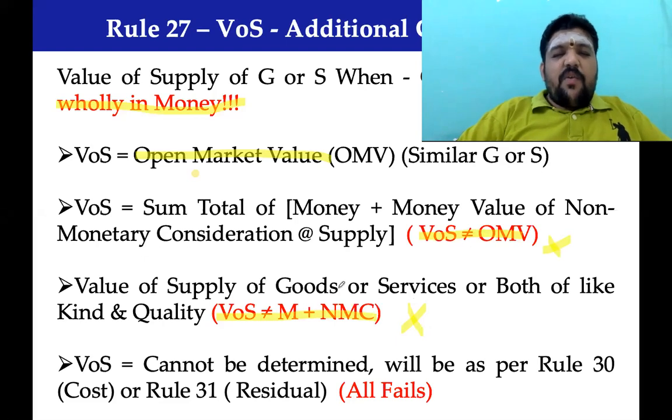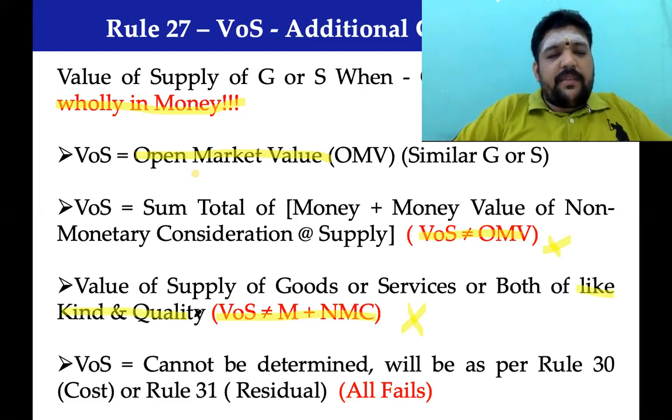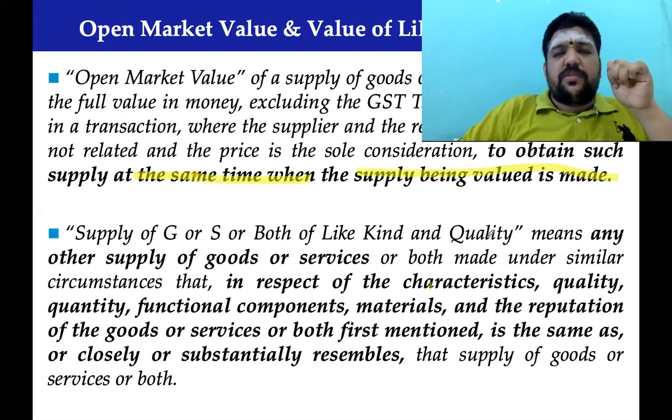Law says value of supply of goods or services of like kind and quality. Sir, what do you mean by like kind and quality of goods?